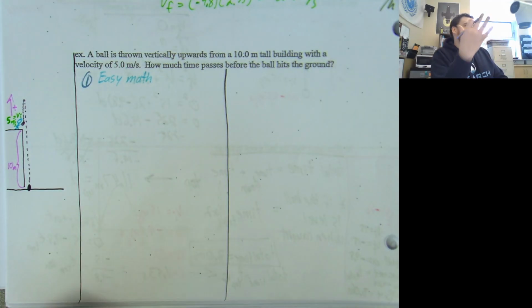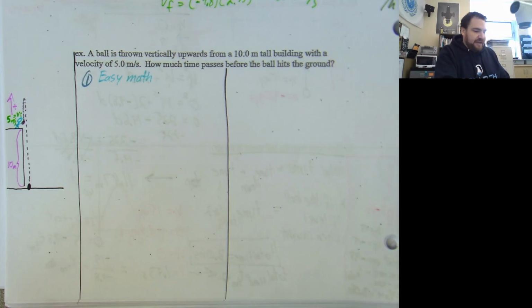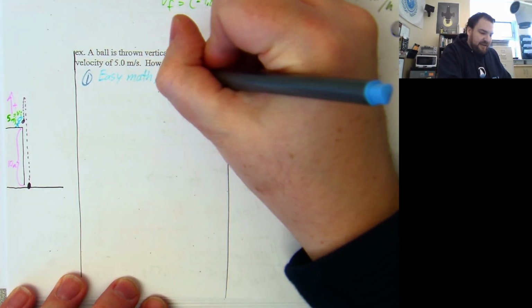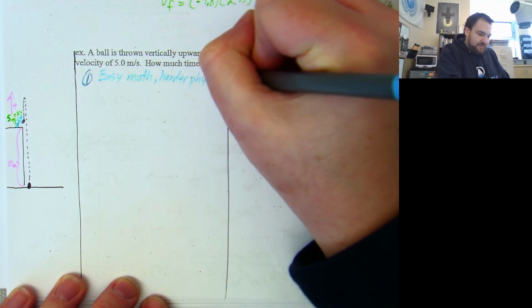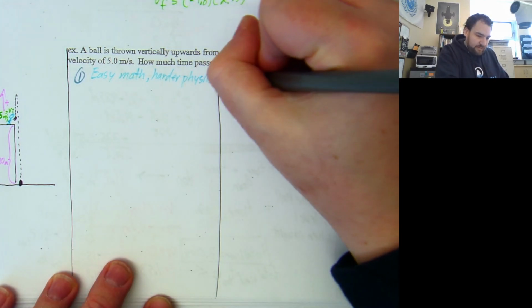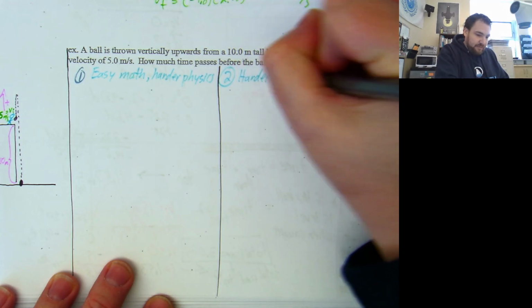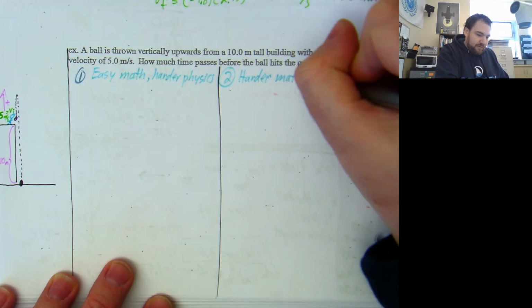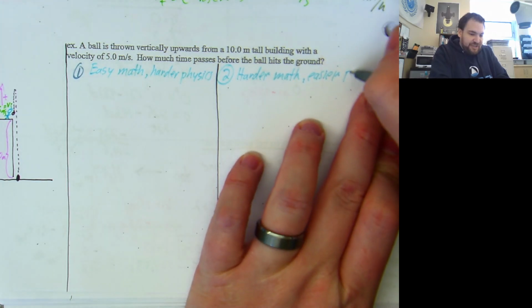But there's always a trade. If the math is easier, something needs to be made to be more difficult. In this case, you can either have easy math and harder physics, or you can swap it. You can have harder math, easier physics. And it's always this trade.